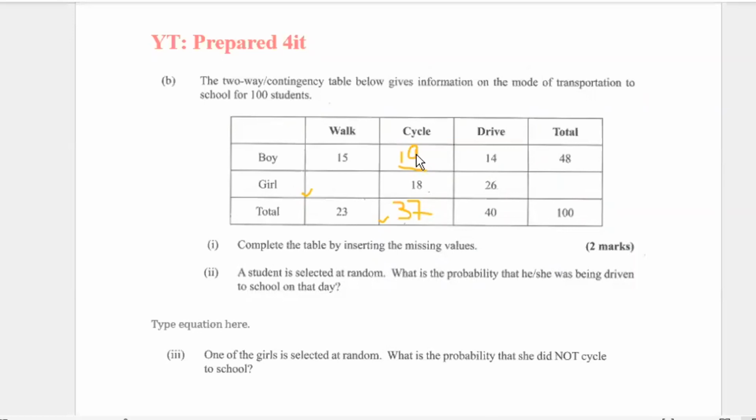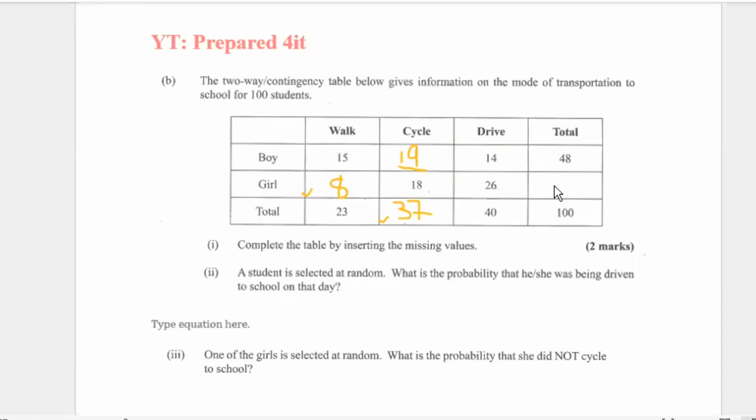All right, good. For this one it is 8, as everyone is saying, because the total number of students that walk is 23. So if we know 15 of them are boys, we get the remaining amount for girls by doing 23 minus 15, and we got 8.